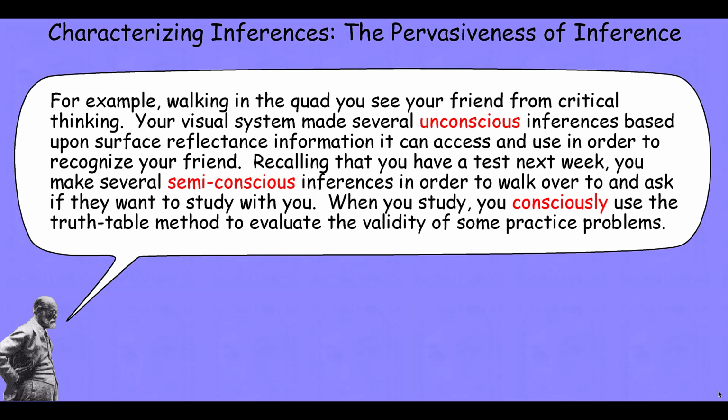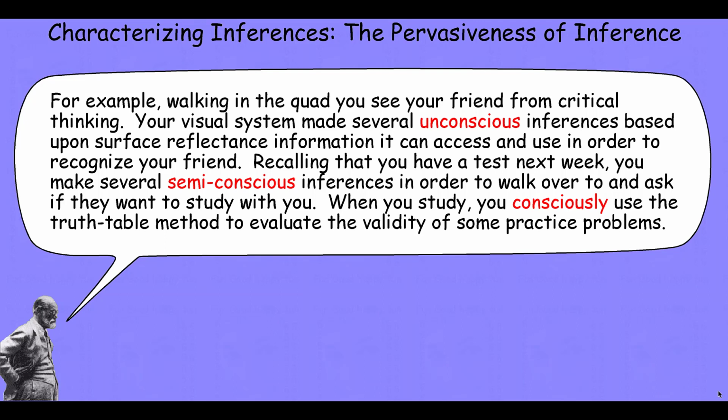Now, we recognize this person because our visual system made several unconscious inferences based on information that was gathered at the back of our eye about the surface reflectance of the visual scene, and it made those inferences in a manner that was completely unconscious. Only the final deliverance of those inferences ever makes it even potentially into our conscious awareness. So when we recognize our friend consciously, that is the end point of a long series of unconscious inferences.